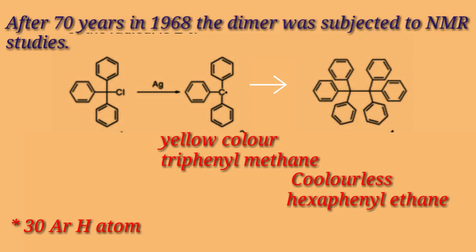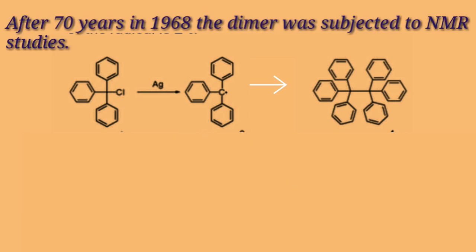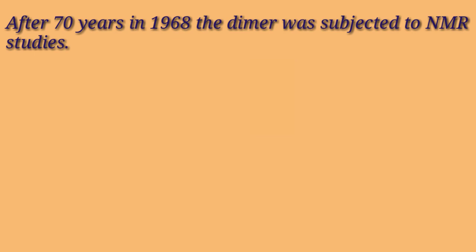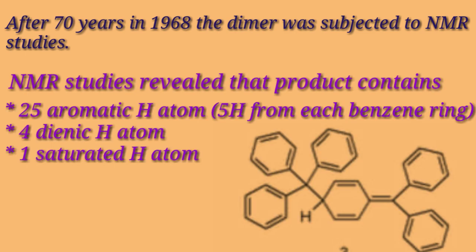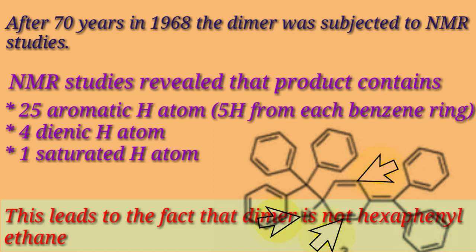After 70 years, in 1968, the dimer was subjected to NMR studies and it was found that it contains only 25 aromatic hydrogen atoms, 4 dienic hydrogen atoms and 1 saturated hydrogen atom, and this leads to the fact that the compound, that dimer, was not hexaphenyl ethane, which leads to a different mechanism and not through dimer formation.